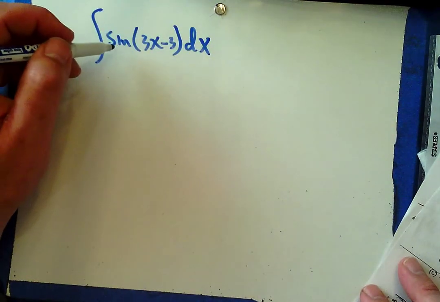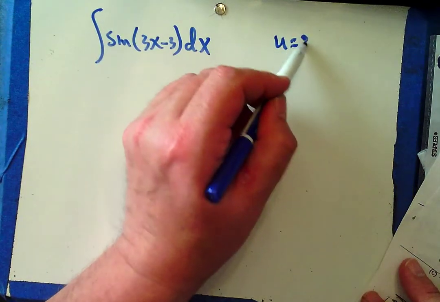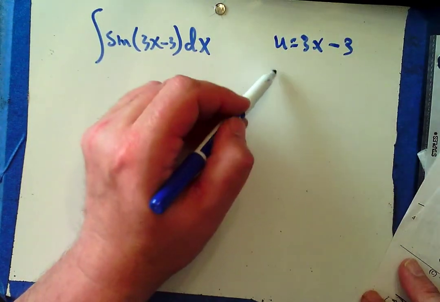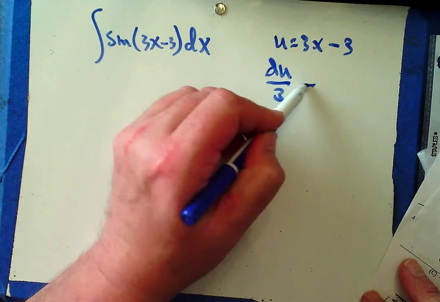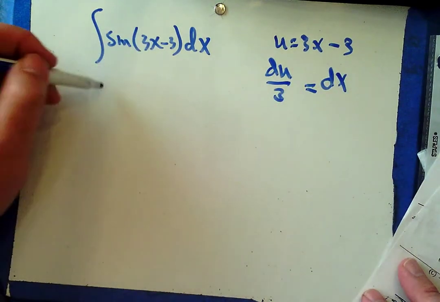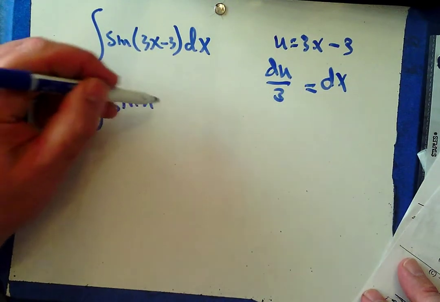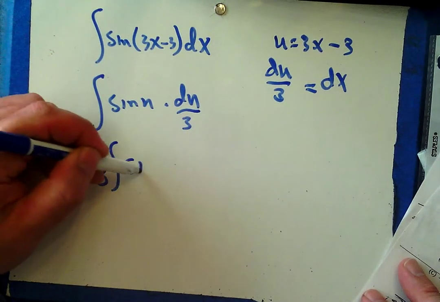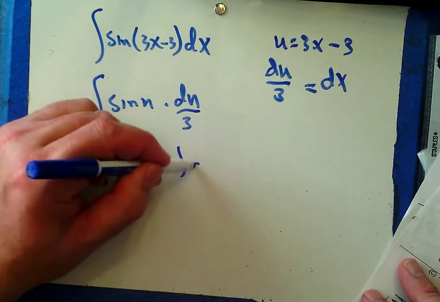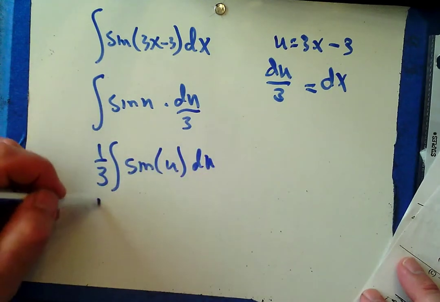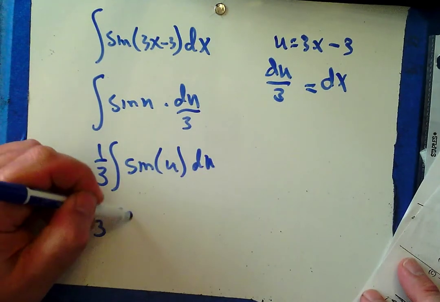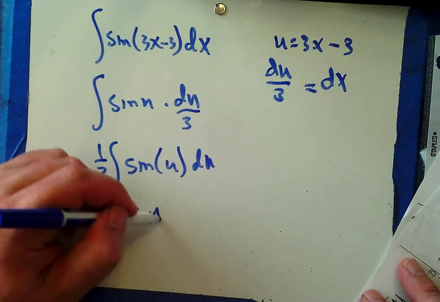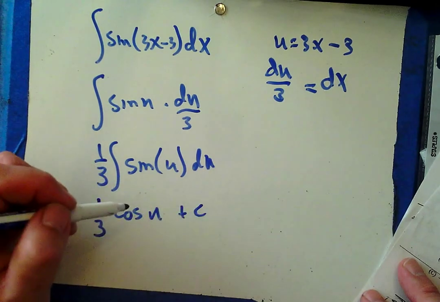The antiderivative, let's do it as a u sub: u = 3x minus 3, du over 3 equals dx. So sine u du over 3, 1/3 sine u du. That's negative 1/3 cosine u plus c, don't forget the negative.